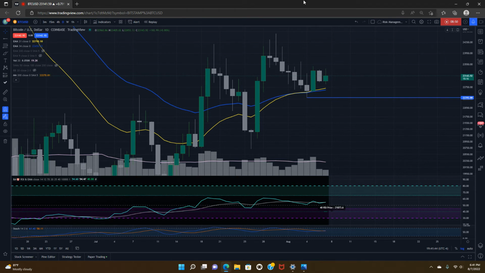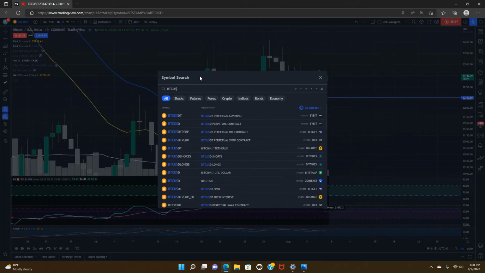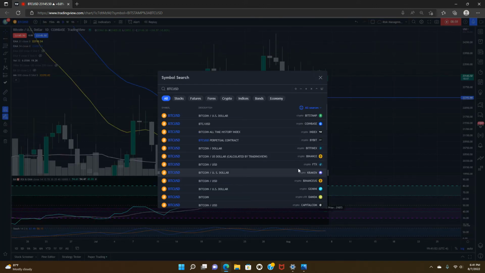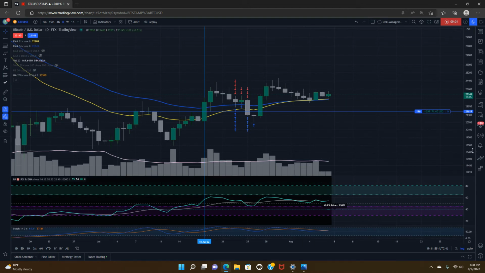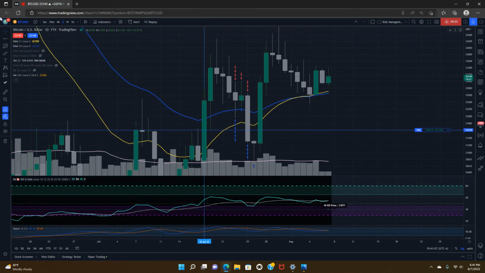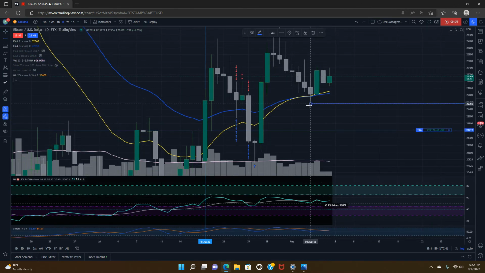So I wouldn't necessarily take the entire position. I should go over to the FTX USD. Excuse me. Let's see right here. Yeah, I wouldn't necessarily exit this entire position if we start getting closes below 22,222, roughly.